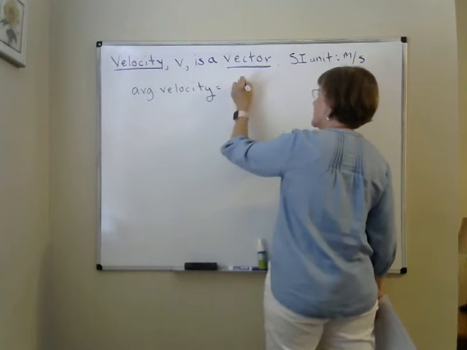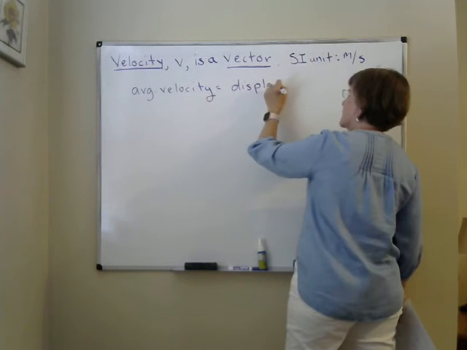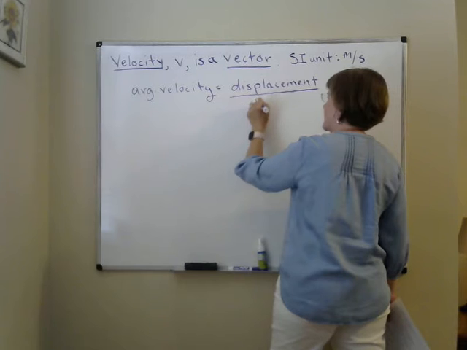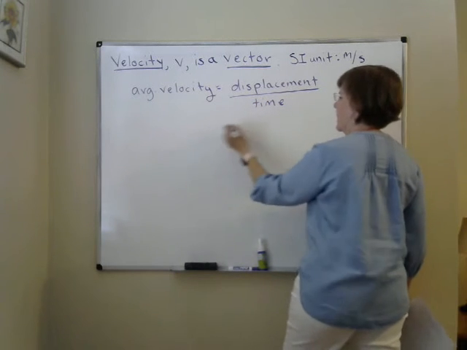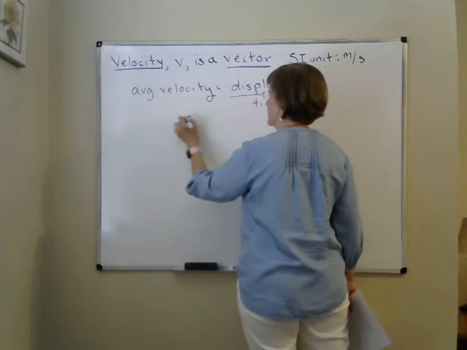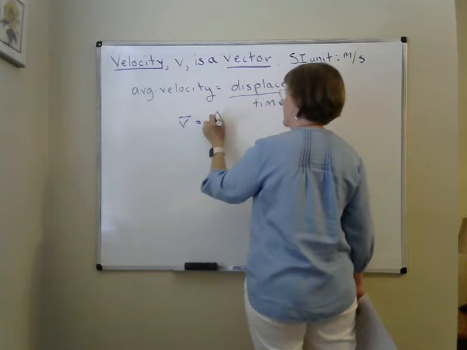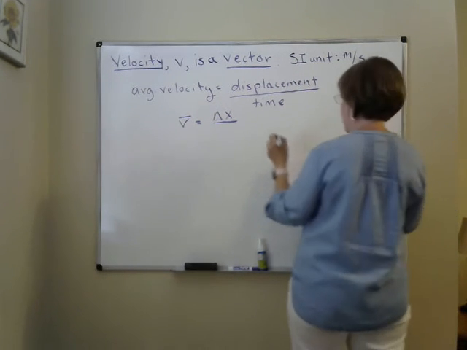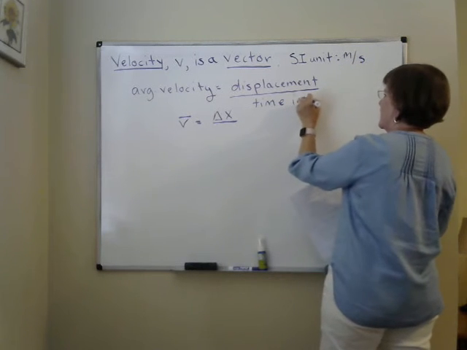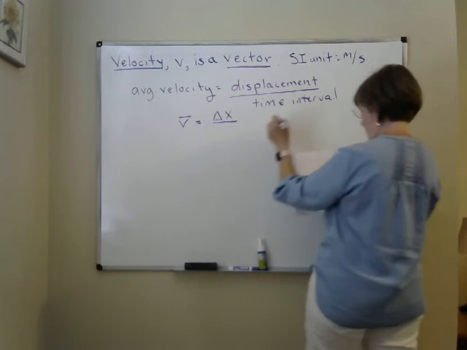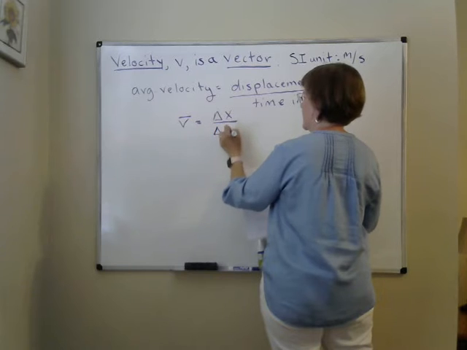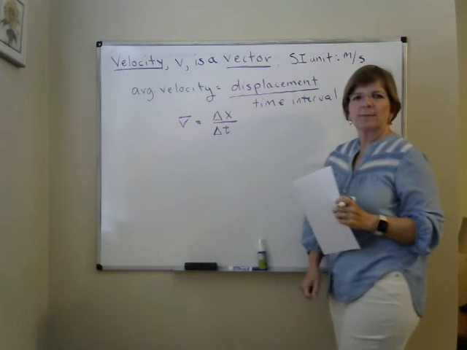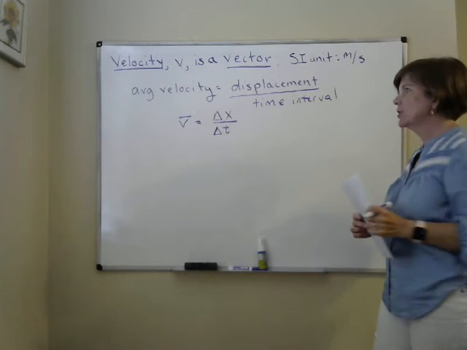is displacement divided by time, or change in position divided by, I should put time interval, how long did this take, change in time. That line over the V is just a mathematical symbol. It means average.